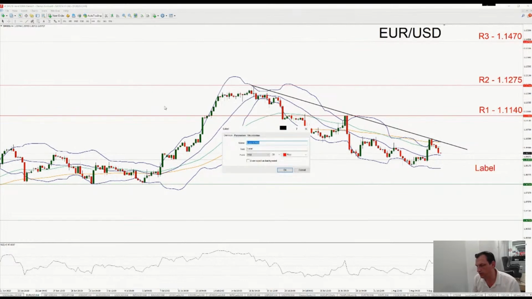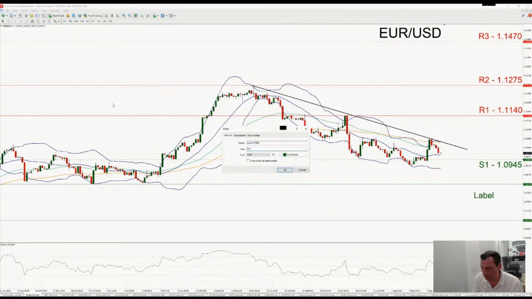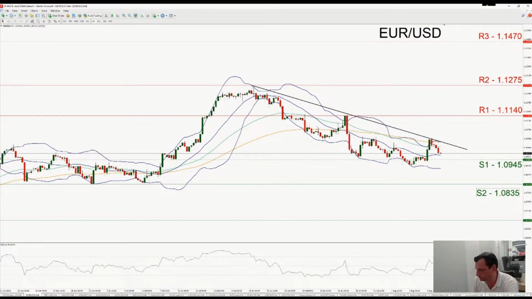First support line at 1.0945. Second support line at 1.0835. Third support line at 1.0675.